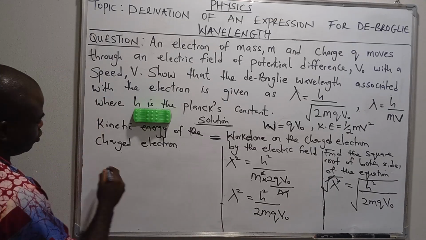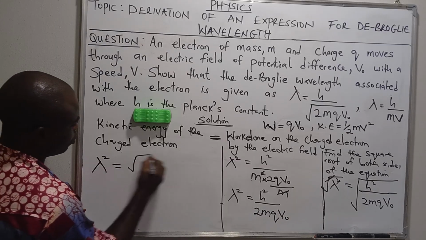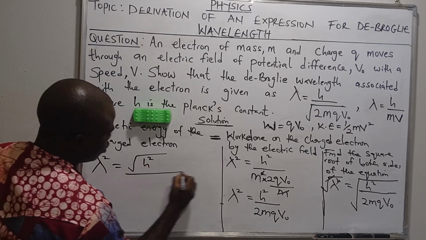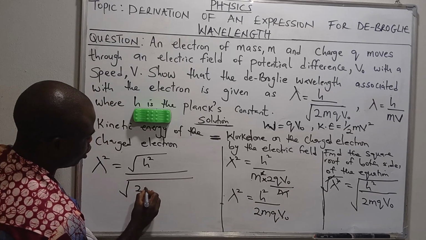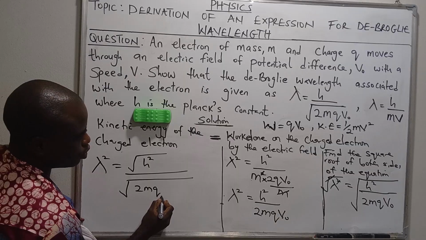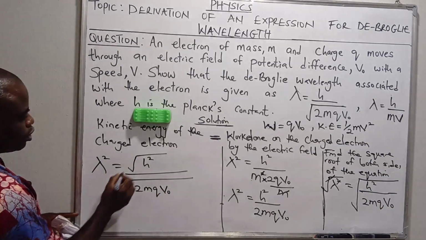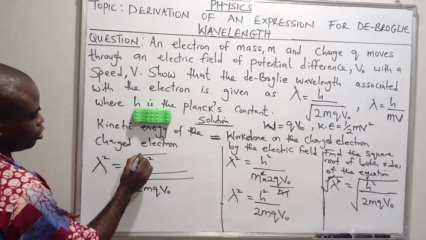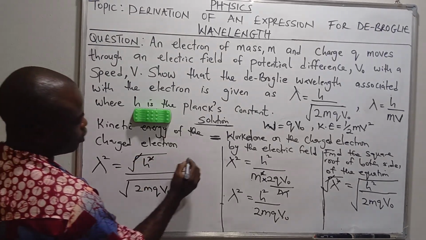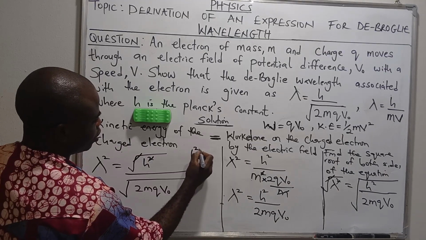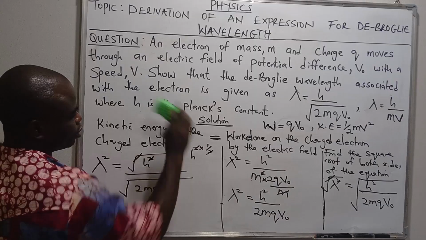Now from here, this square root will cancel these two, because the square root is half. It's like when you have h squared times half, these two will cancel and you're left with h.